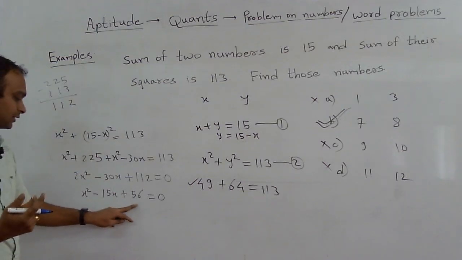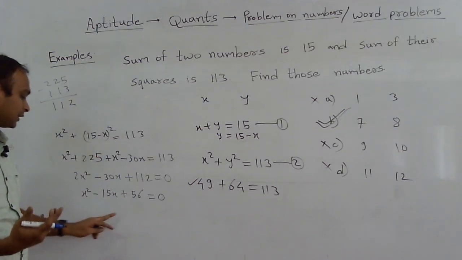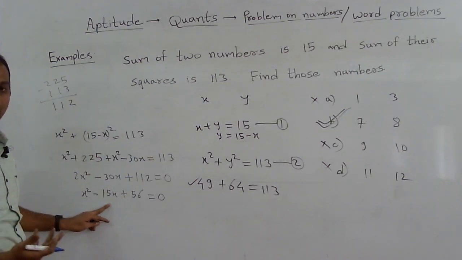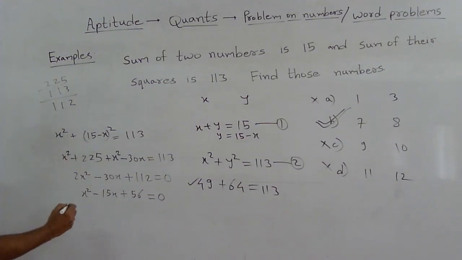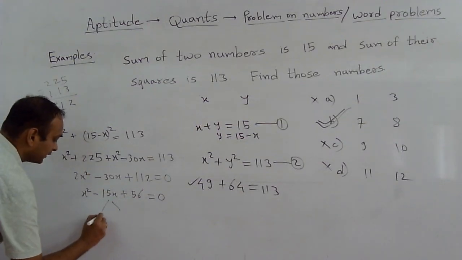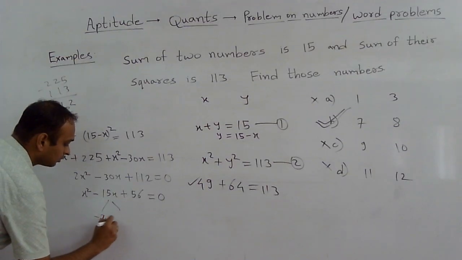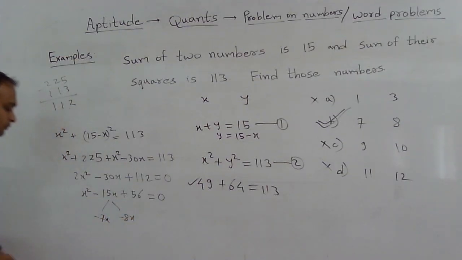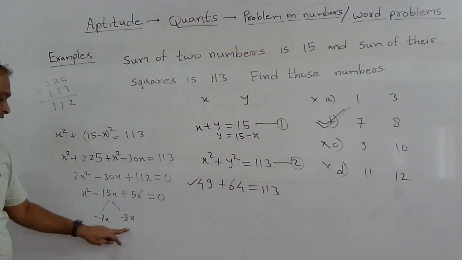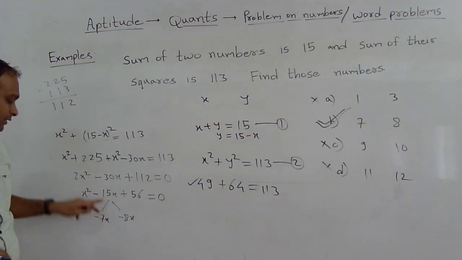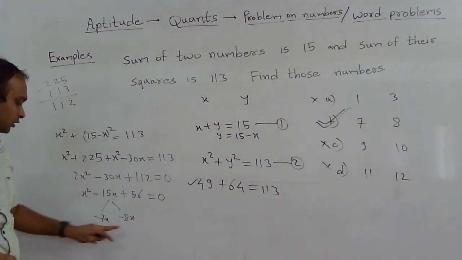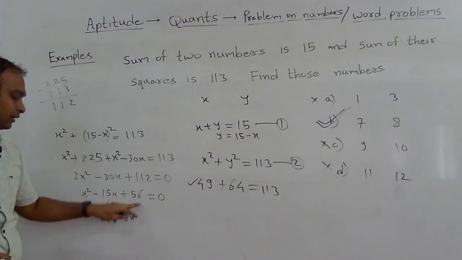So what could be the factors? Multiplication should be 56. Addition should be minus 15. So that could be minus 7x and minus 8x. Right? So minus 7x minus 8x, addition of these two is minus 15x, multiplication of these two is 56, as 7 8s are 56 or 8 7s are 56.